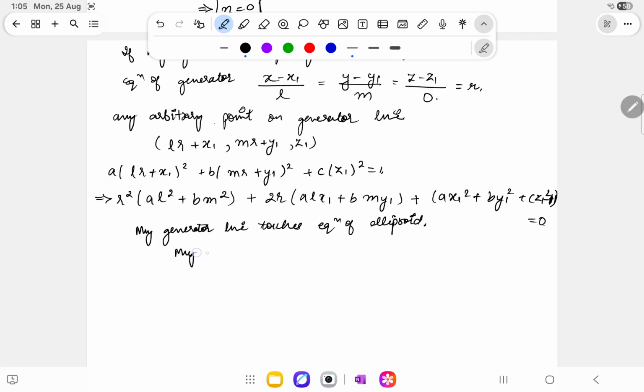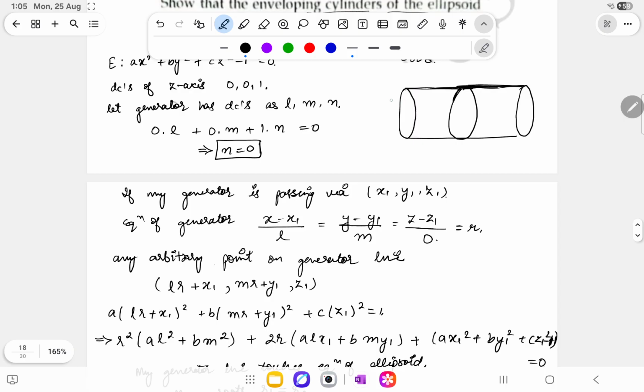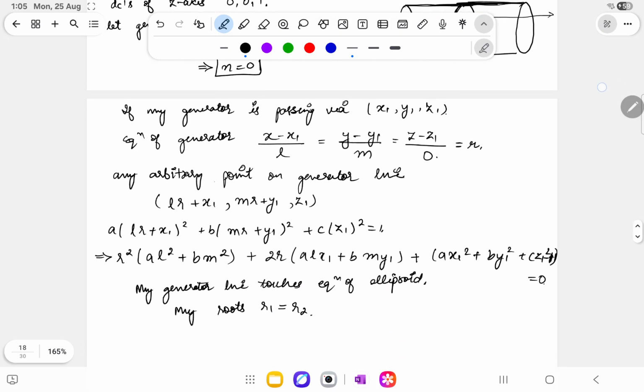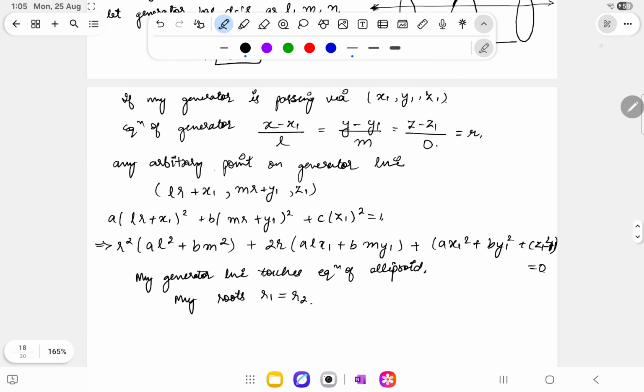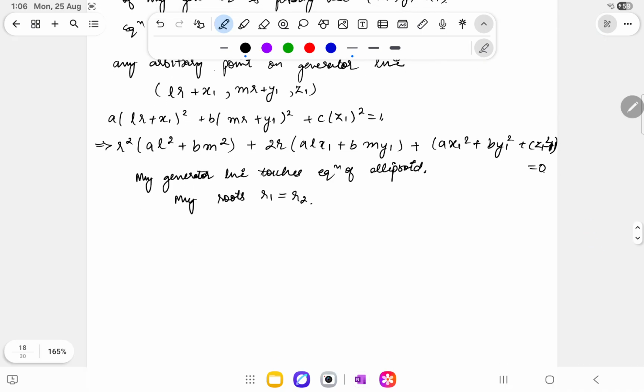So if r1 and r2 are my roots, then r1 equals r2. I get only one unique root, because if I got two roots, it would not be touching, it would be cutting the ellipsoid somewhere. I'll get the enveloping cylinder only when it touches the ellipsoid, not when it bisects it. So for this quadratic equation to have only one root, the discriminant must be 0.